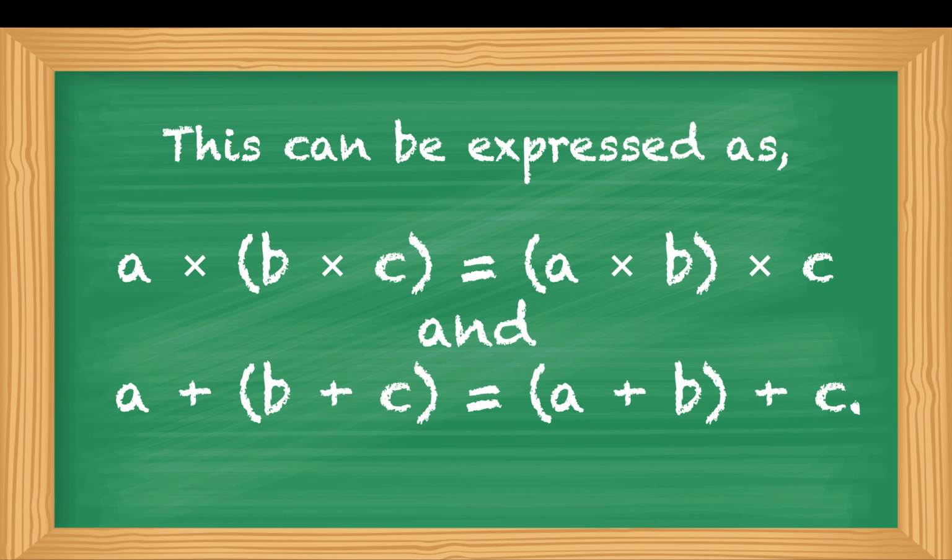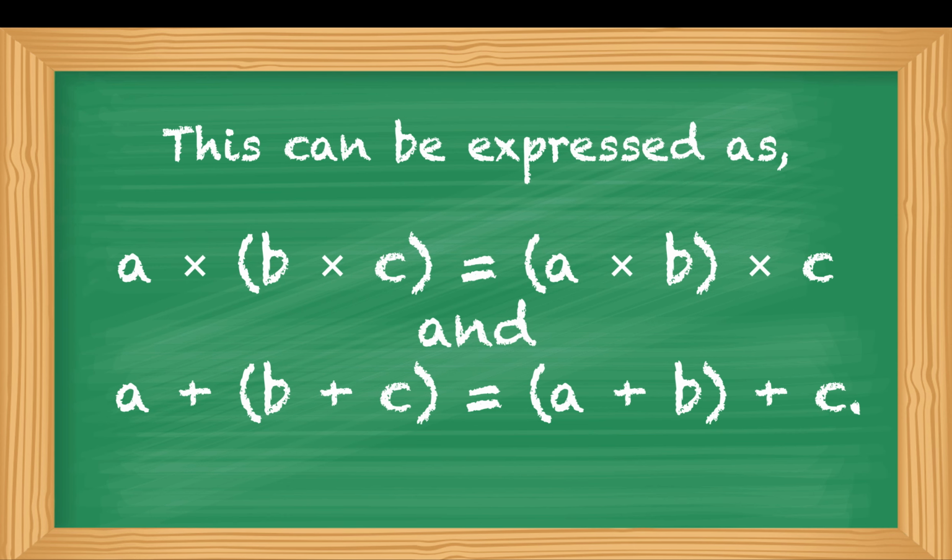So at the front of the equal sign, B and C were within the brackets, and on the other side of the equal sign, A and B were in the brackets. And being that they are separated by an equal sign, it goes to show us that however we group them, our answers must be the same.